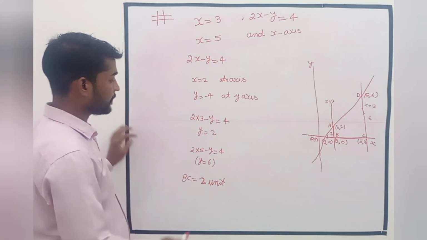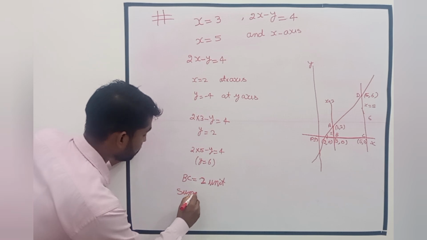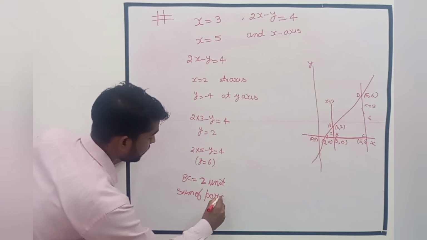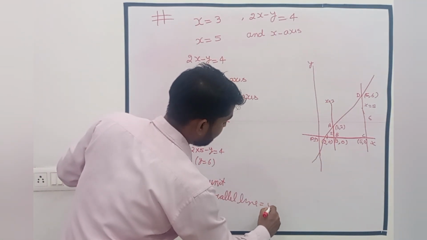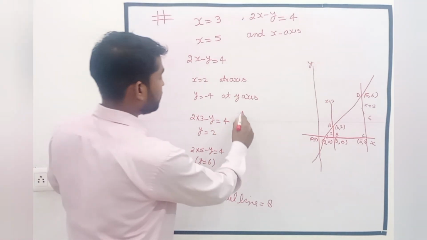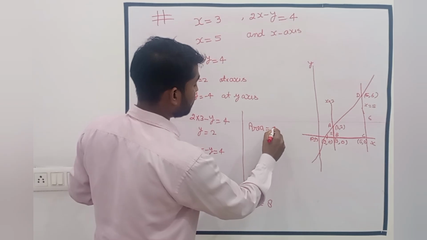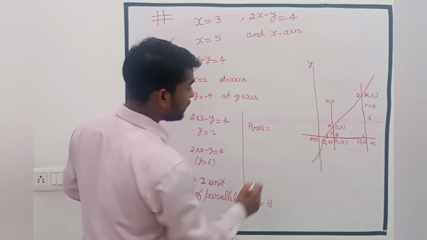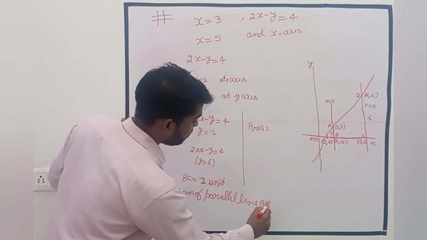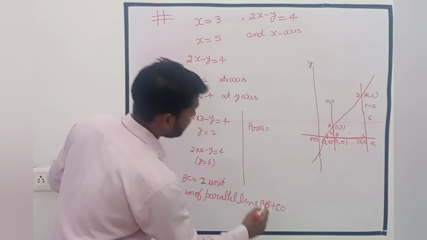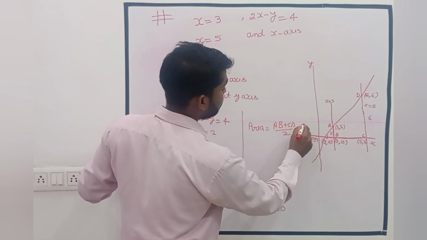That means these are the parallel lines, and the sum of the parallel lines is 8. The area of the quadrilateral is the sum of the parallel lines, AB plus CD, divided by 2, into BC.